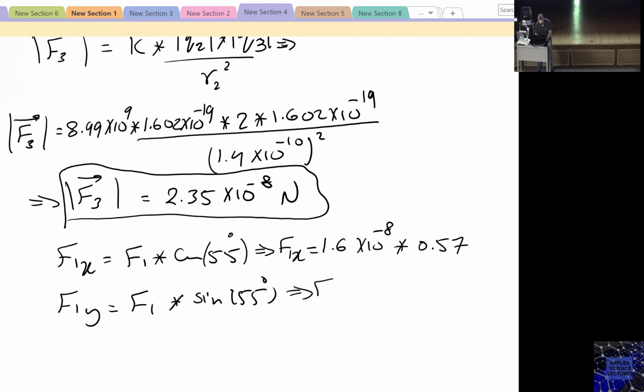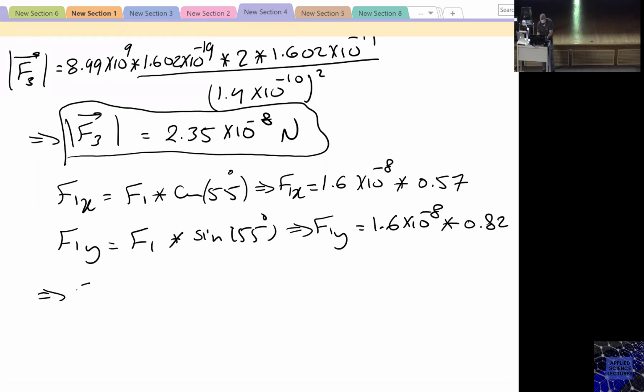And F1y is 1.6 times 10 to the power minus 8 times sine 55, 0.82.